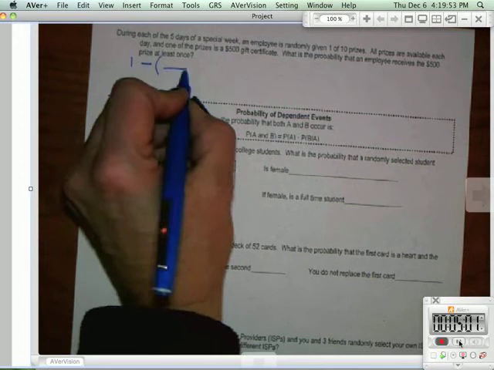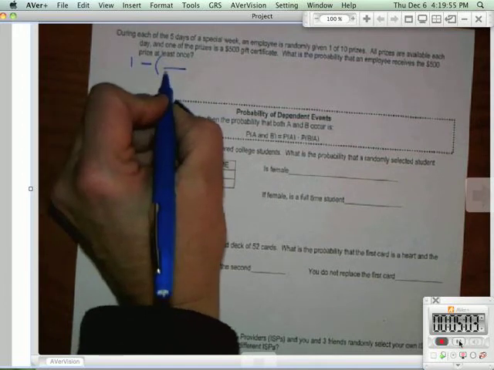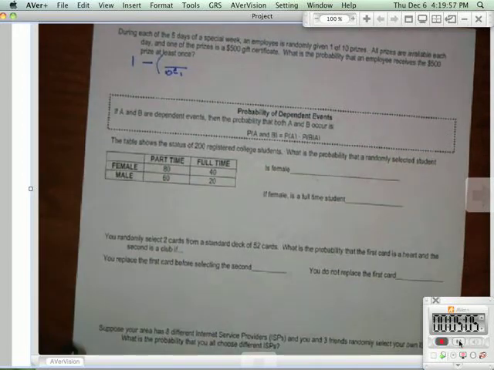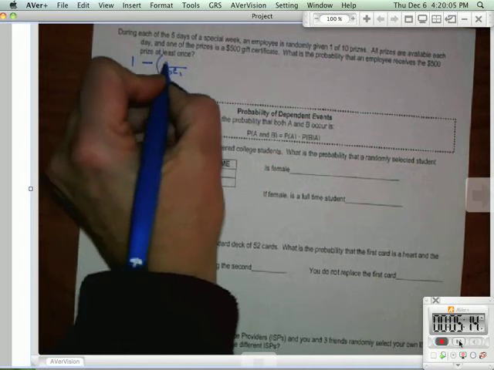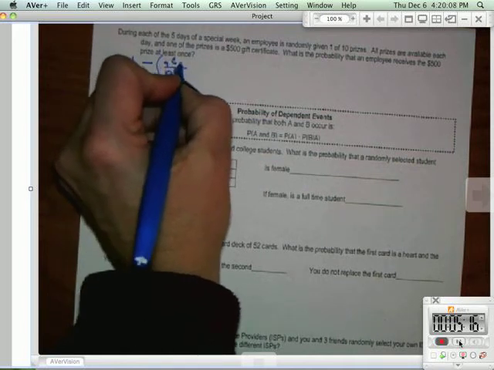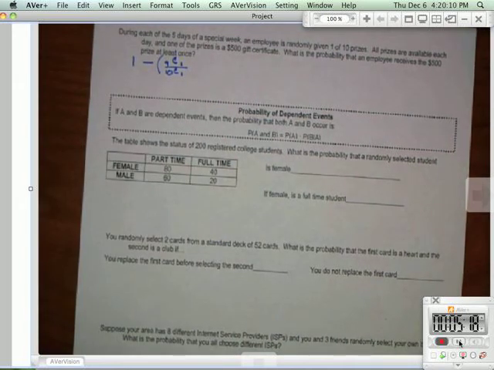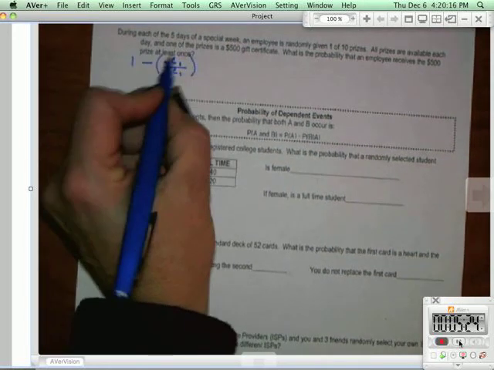First of all, in the bottom, it's going to be 10 choose 1, every day. That's the total ways you could possibly win, or not win. In the numerator, you put the ways you can't win. There are 9 ways, choose 1, because there are 9 of them that aren't going to give you the prize. So this is the probability of not winning.